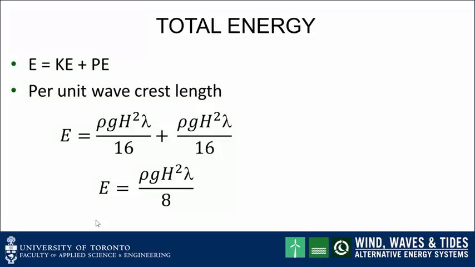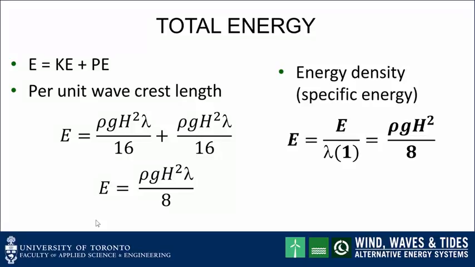Now a useful parameter sometimes is the energy density, or specific energy, which is the energy per unit area of wave. The dimensions of the wave are lambda, the wavelength, and the dimension into the plane of the board, the wave crest length, which we assign a unit value of 1. So the energy density, or specific energy, is rho times g times h squared divided by 8.